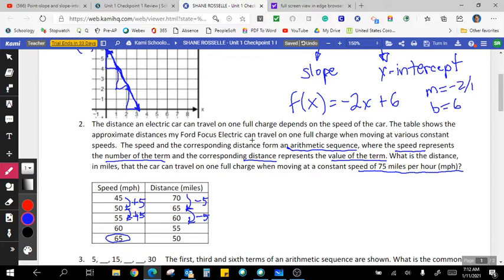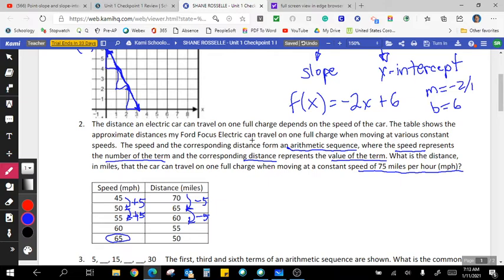Now we look down here, it says 65 miles per hour. Just looking at the numbers here, 65, 75, those are all multiples of 5. I want to know what the distance is going to be at 75 miles per hour.